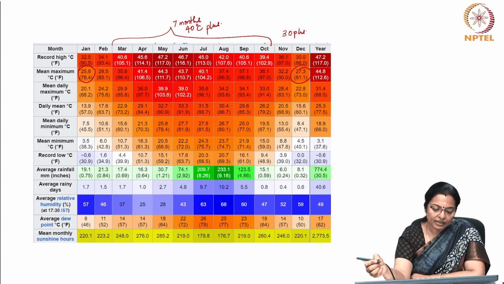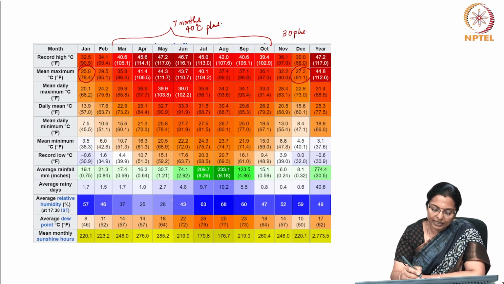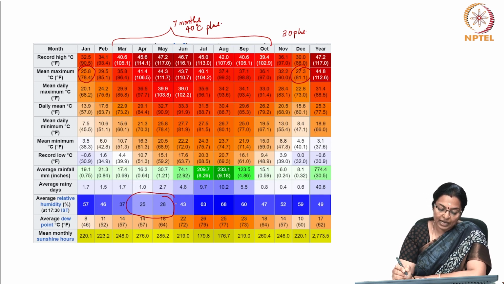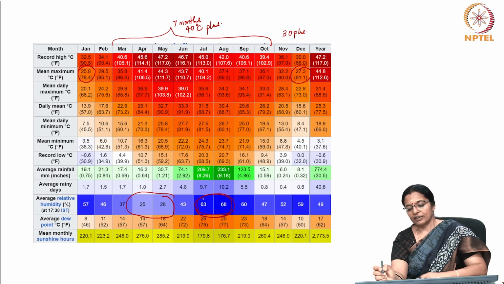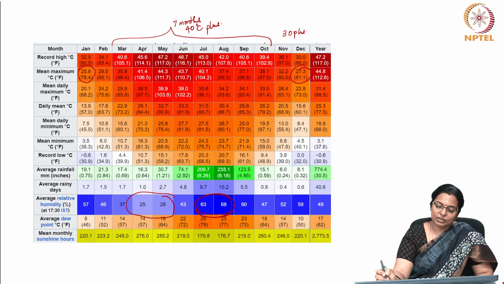If you look at the relative humidity, the relative humidity can be as low as 25%. We are talking of the average relative humidity, that is about 25 plus, and the average does not exceed 65 to 68 at the most.